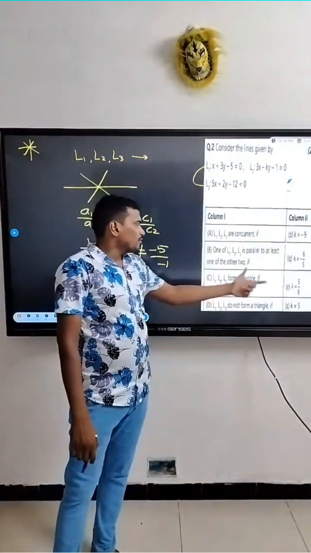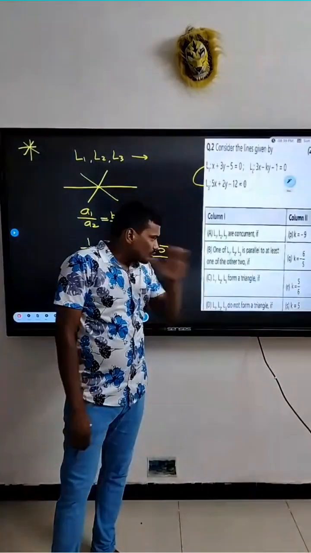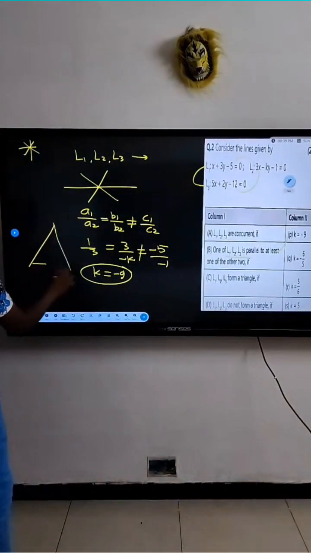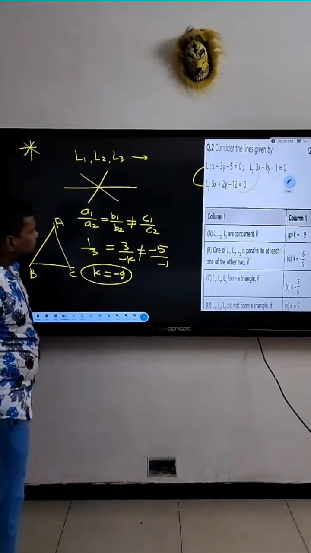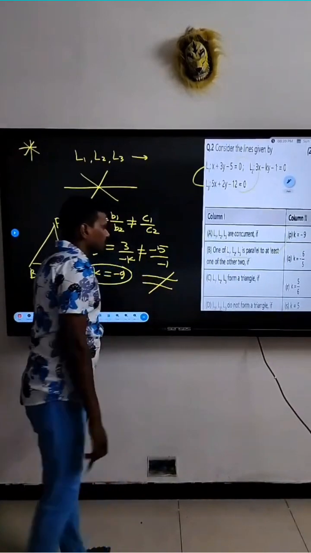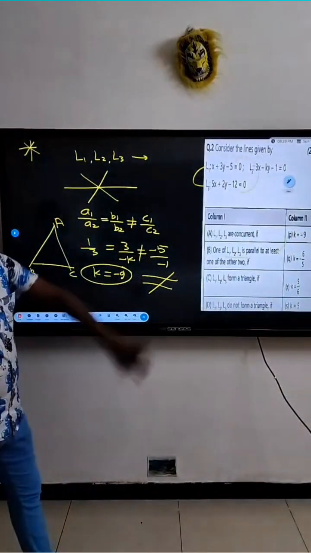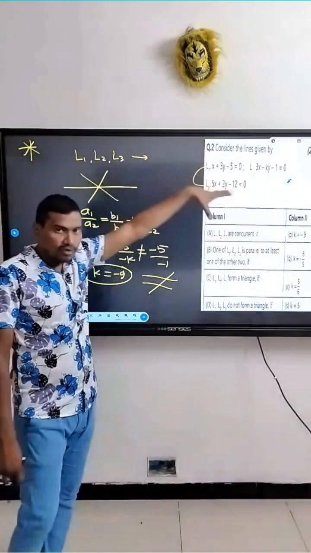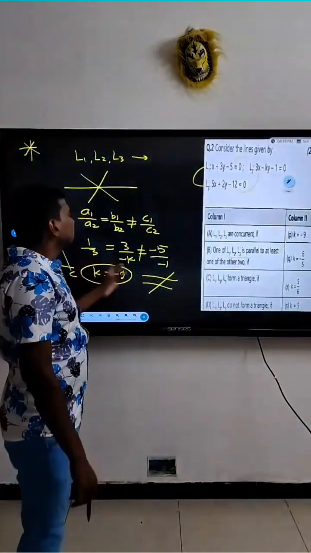L1, L2, L3 form a triangle. That means they are not concurrent. They are forming the triangle like this. If no two are parallel and they are not concurrent, then they will make the triangle.